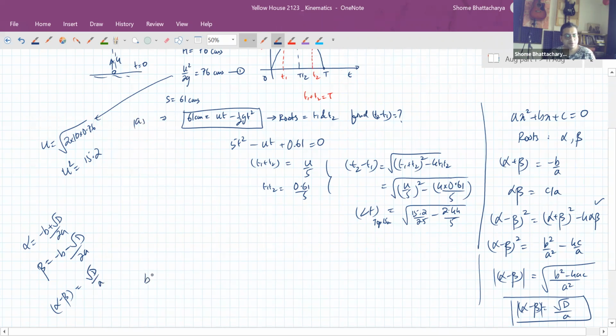Now similarly in the B part, you have to find the amount of time it spends in the bottom 15 centimeters. This is slightly different.